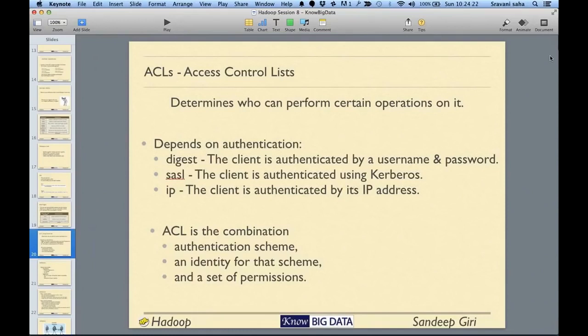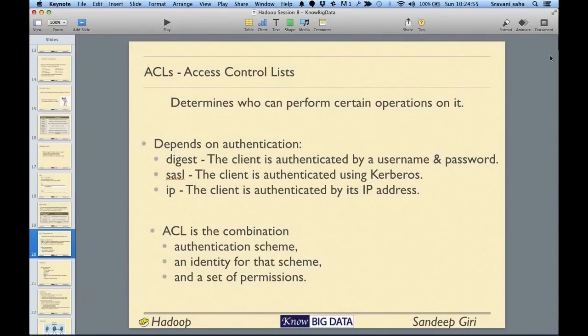Second is SASL. When the client does not provide a username and password, instead it provides the Kerberos token and says, I'm already logged in to Kerberos and here is my token. Here the user provides credentials only once, while logging into the network, to Kerberos, and afterwards doesn't.